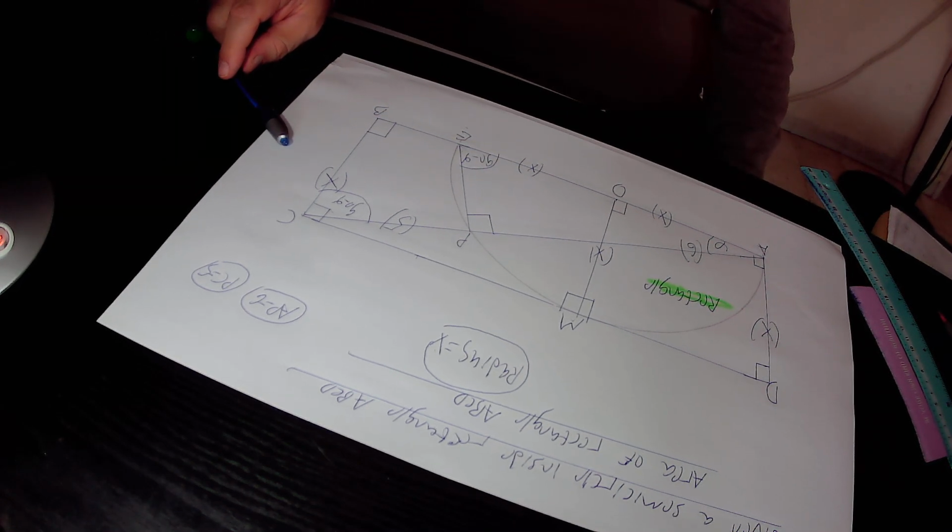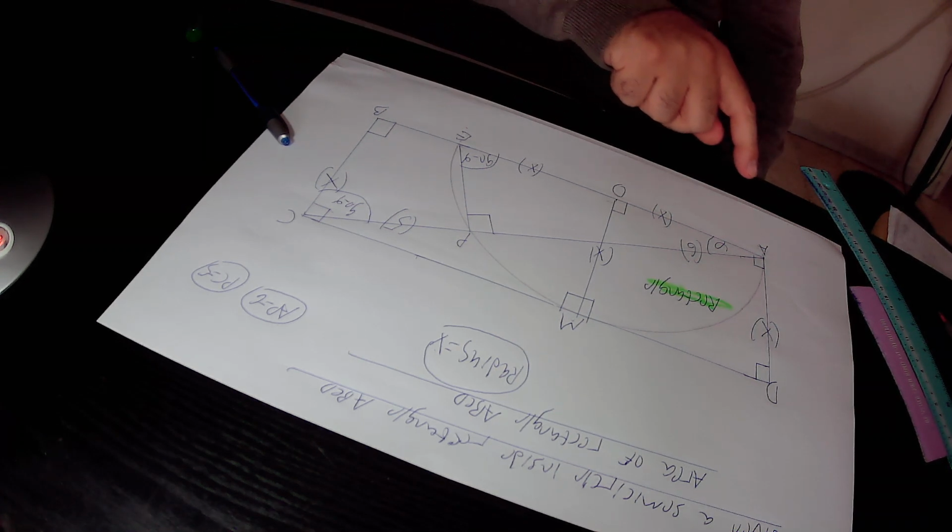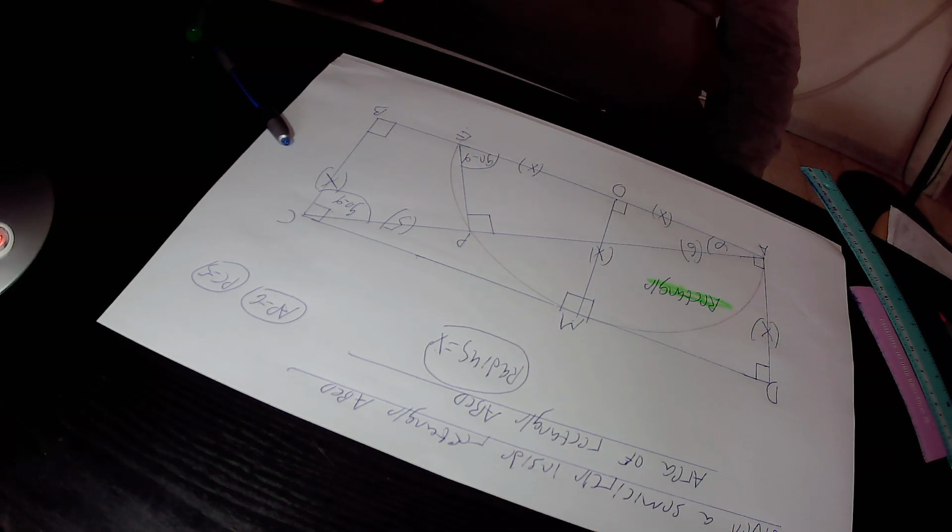So in the next step, we prove that the big right triangle ABC is similar to this small right triangle, triangle APE.